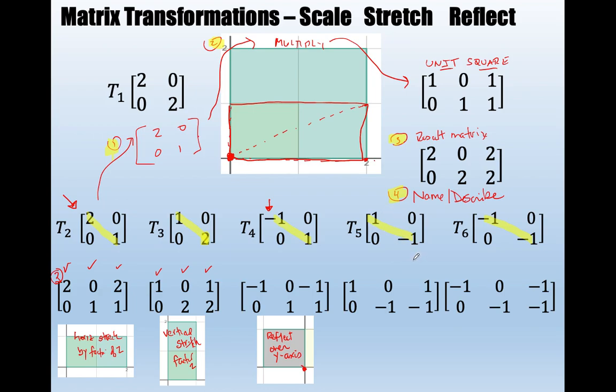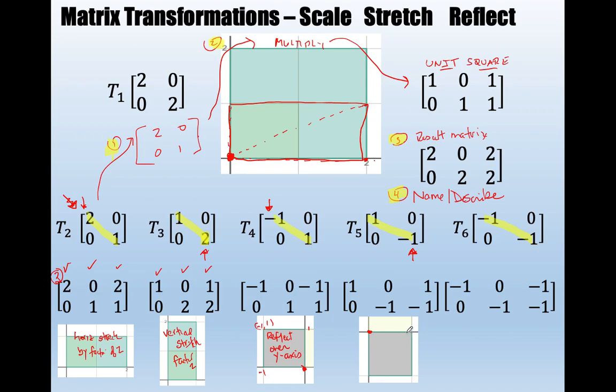So maybe you can predict what happens now. Here's the origin, and these were still 1s. This was a negative 1, and this was negative 1, 1.